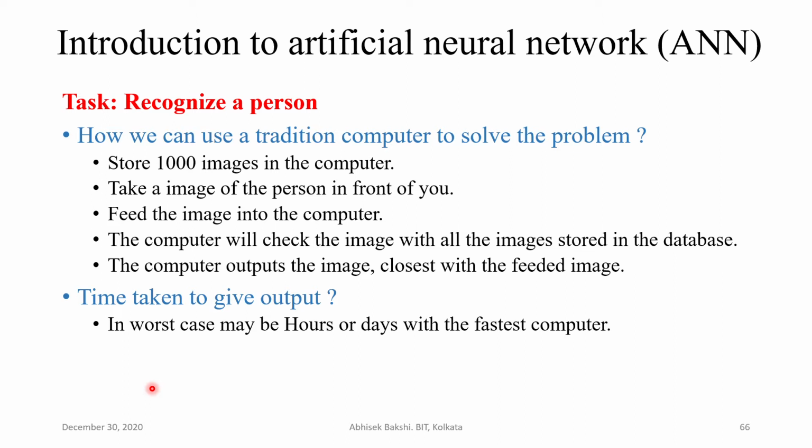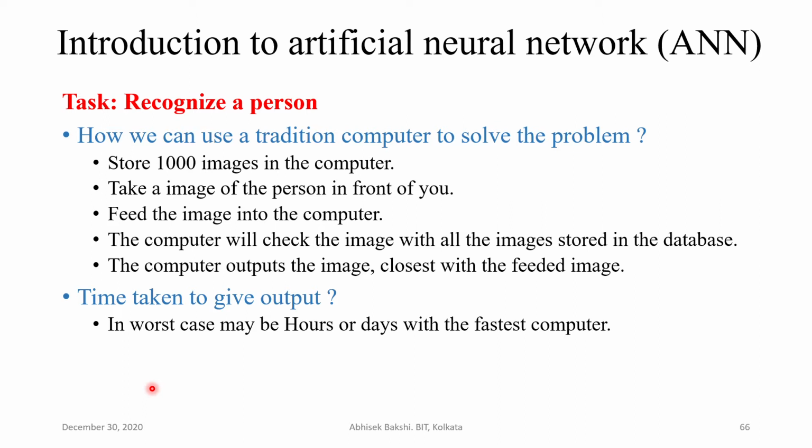The reason is that there are maybe lakhs of images, right? In a practical scenario, there are crores of people, and among those crores of people, if you want to find only one person by this type of searching, each and every time a particular image will be searched against all the images. So it will take a long time, right?